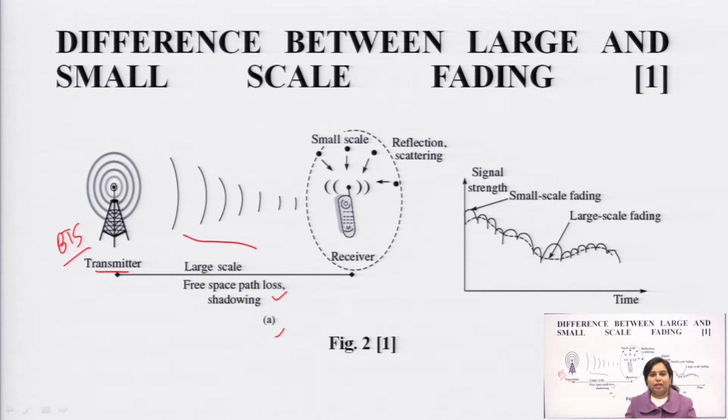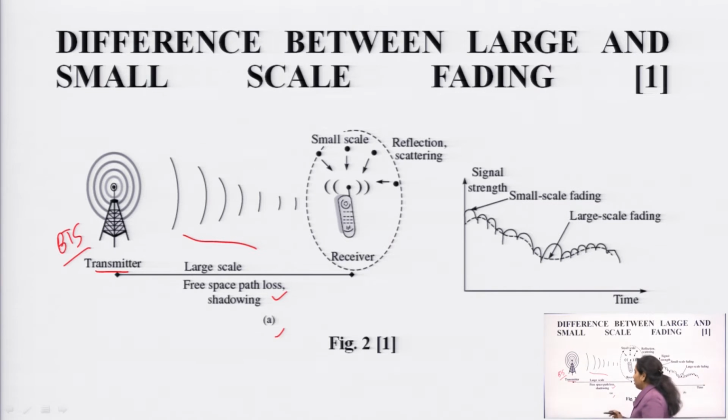In case of mobile communication, there are two types of channel, forward channel and reverse channel. Forward channel means the signal is transmitted from the base station to the mobile. In case of reverse channel, the signal is transmitted from the mobile to the base station antenna.